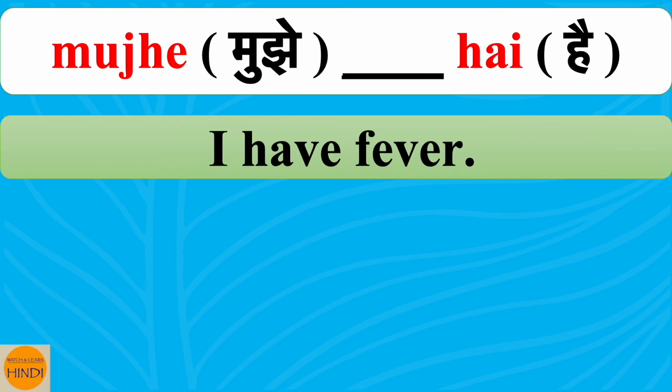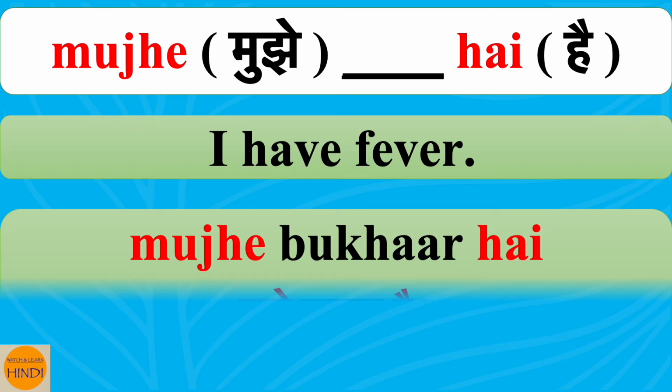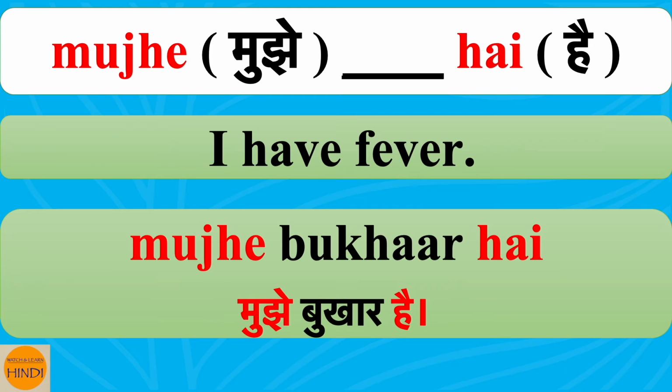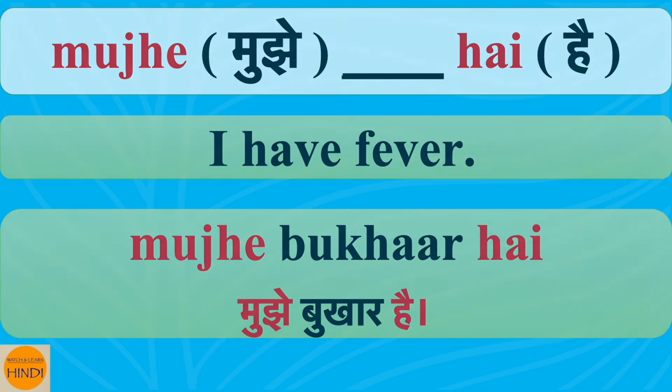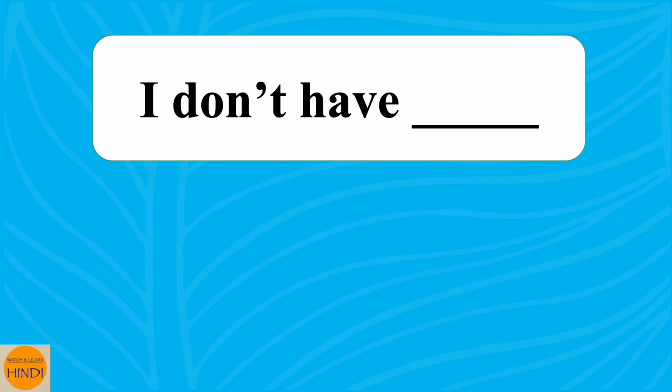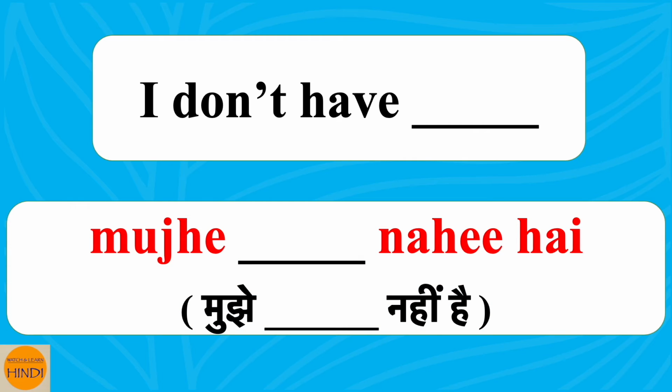So if you want to say I have fever, you will say मुझे बुखार है, where बुखार is fever. मुझे बुखार है. Similarly, if you want to say I don't have and then rest of the sentence, you will say मुझे, rest of the sentence, and then end it with नहीं है, where नहीं stands for do not.